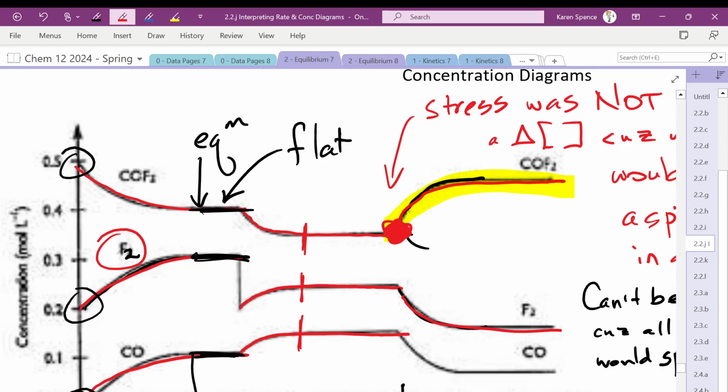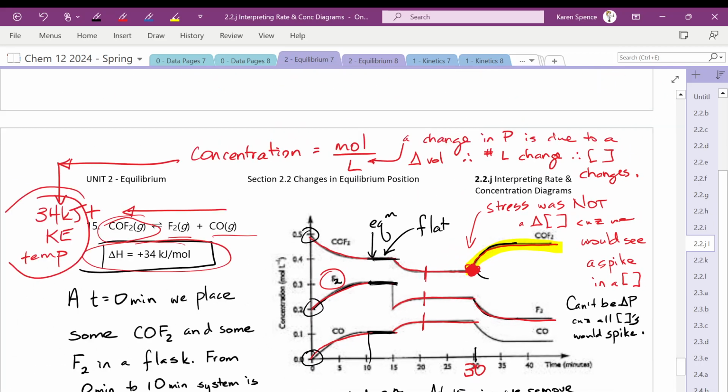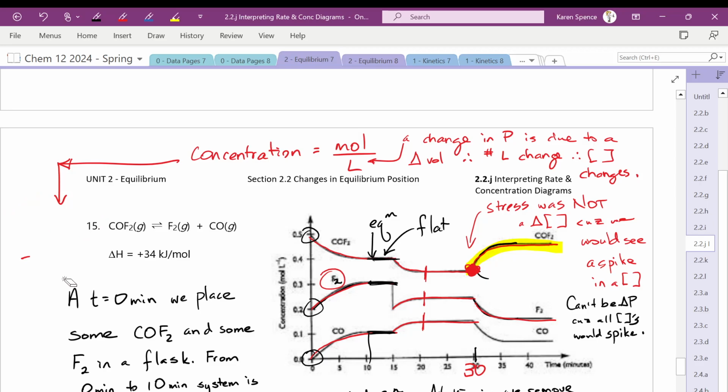if the temperature was decreased, the reverse rate, I've got too many arrows on here. Let's do it in terms of rates rather than just in terms of shifting. Okay, my heat term is over here. So I have decreased the rate of the forward reaction and I've decreased the rate of the reverse reaction, because I've decreased temperature. I have decreased the forward more.